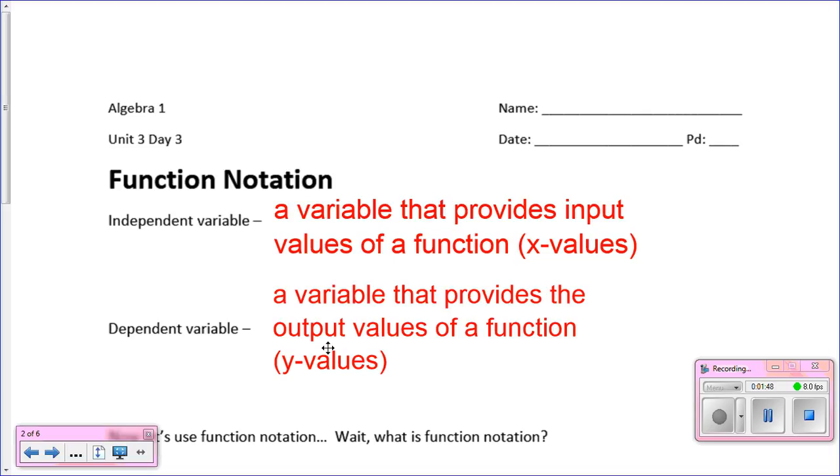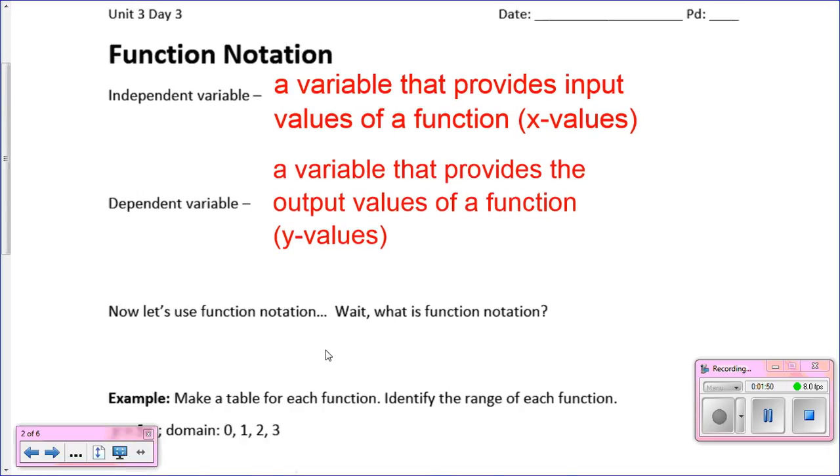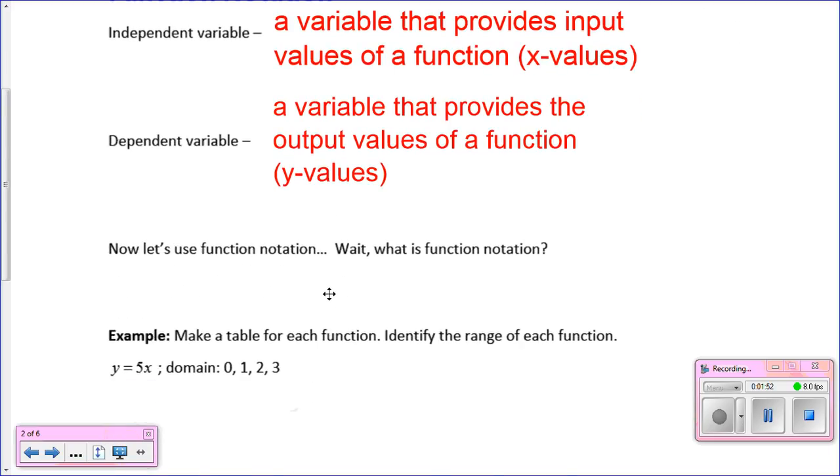Okay? So now let's use function notation, but wait, what is function notation? This is function notation. You're going to see this a lot. It reads f of x. So f stands for function, the function of x, the function of whatever, like whenever you put this x value into this function.